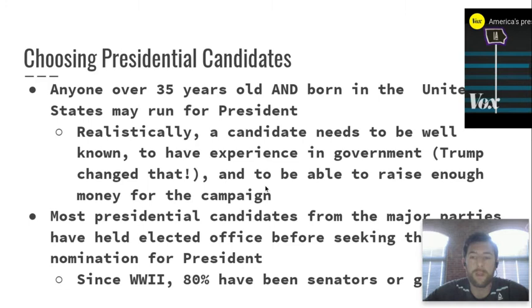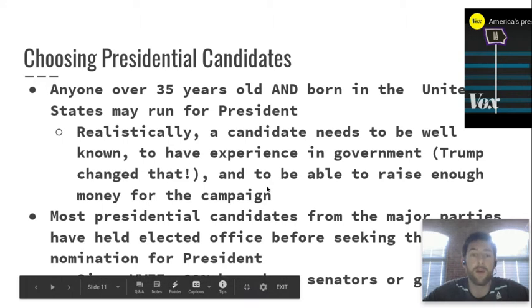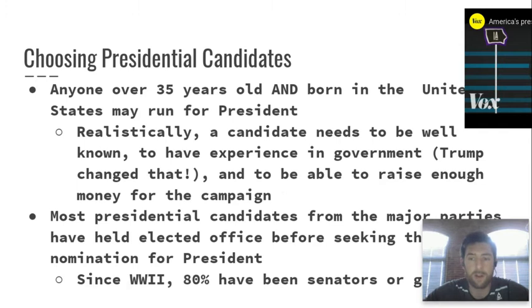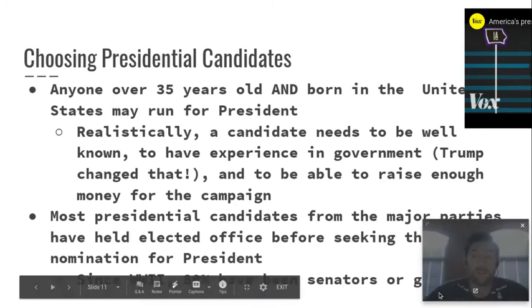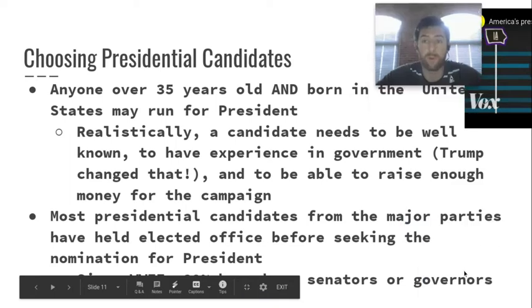Although Trump did that, a person with a political background is generally going to have a better chance of winning a presidential election. They also need to be able to raise enough money, because we'll look at a chart in a minute that shows how much money these candidates truly need to run these campaigns. It's pretty wild.